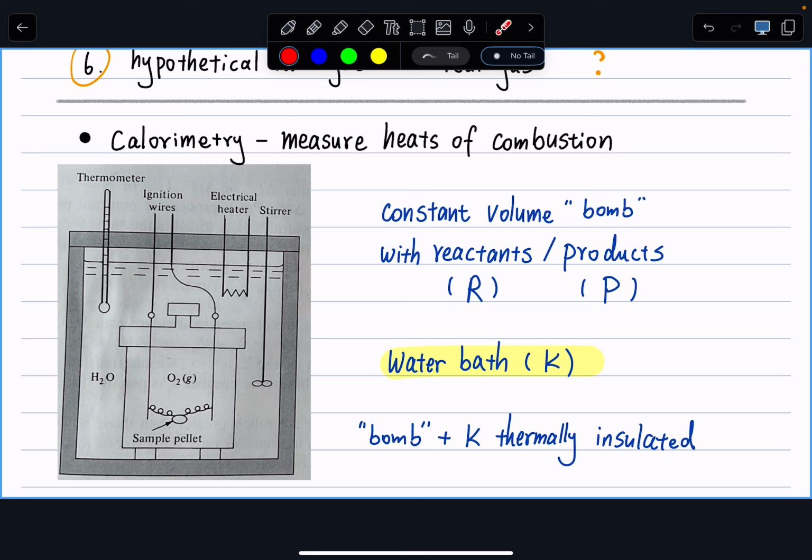And the bomb and the water bath together are thermally insulated from the rest of the universe. So these walls are adiabatic walls. All right, and in here, we have my reactant, like oxygen, and some kind of product.